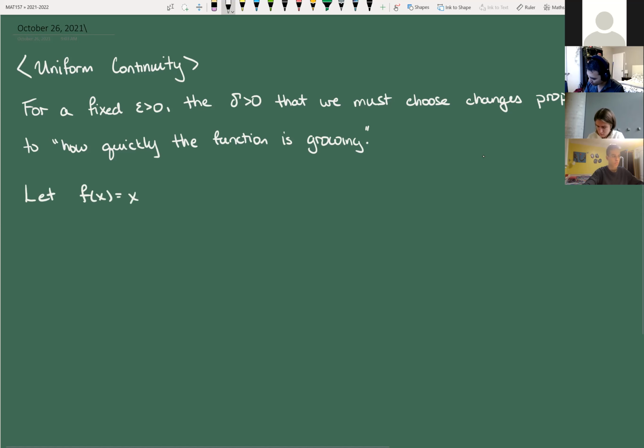So let's choose something that actually does grow faster as x becomes bigger, something like x squared. So let f of x be x squared, fix epsilon equal to 1. And then for this epsilon, let's prove that the limits at 2 and 100 are what they should be. So let's show.